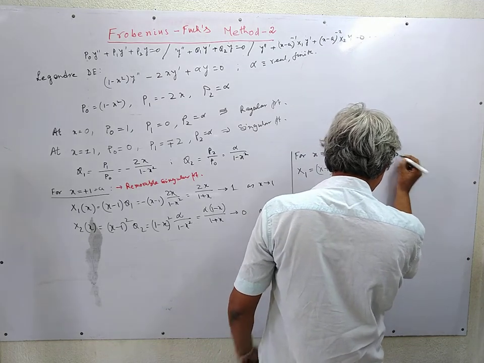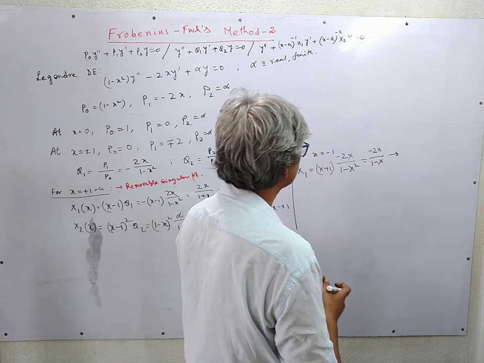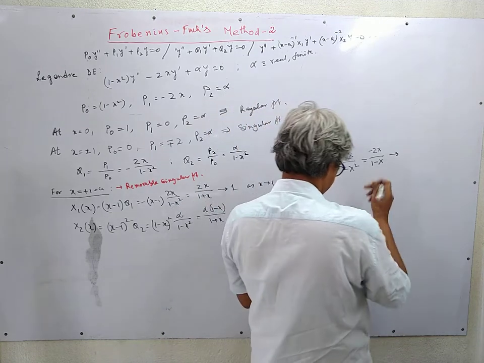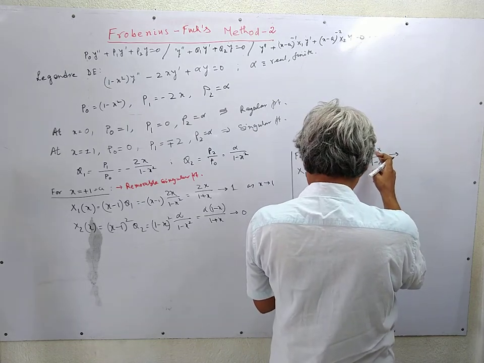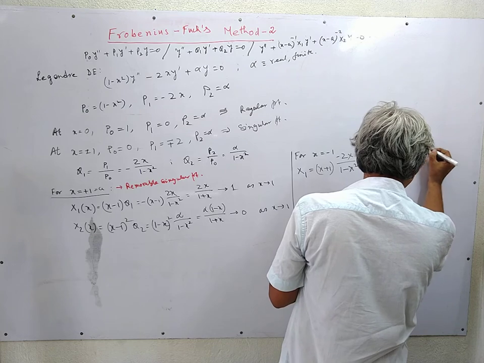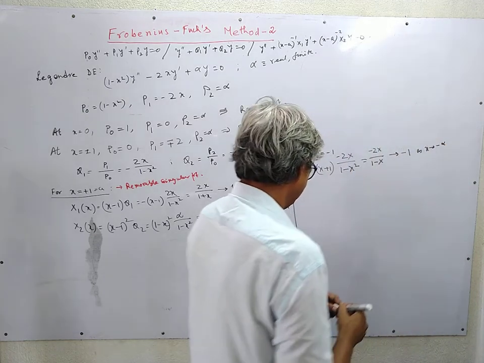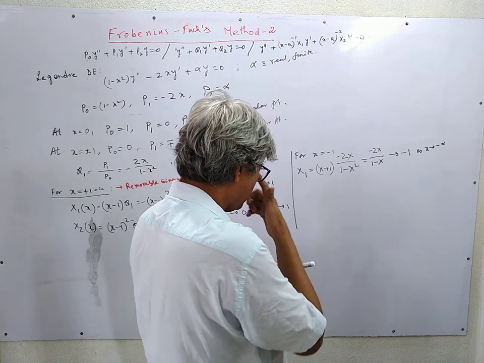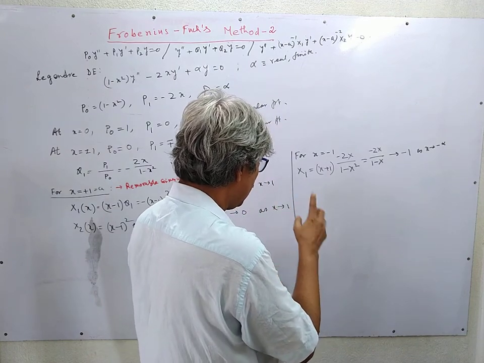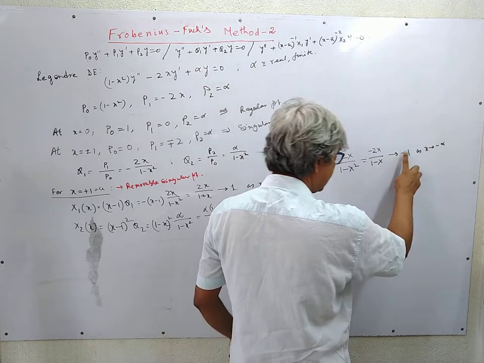When x tends to minus 1, the denominator is 2, and this tends to plus 1.